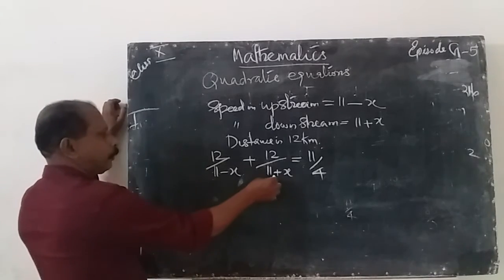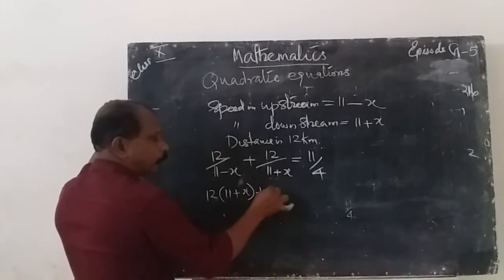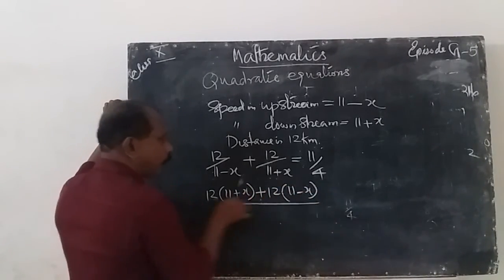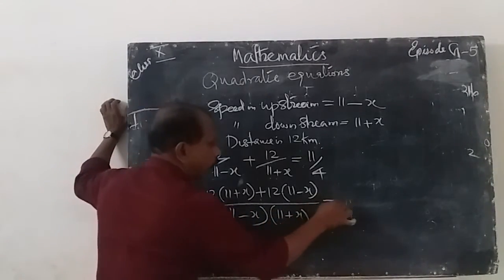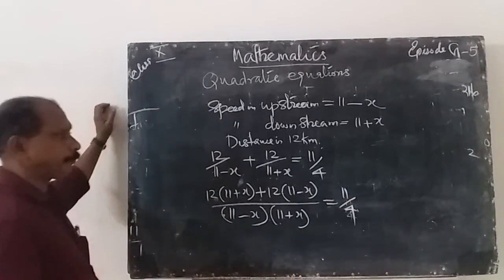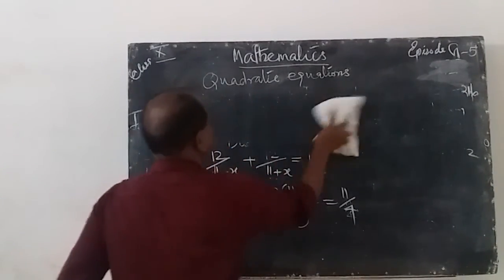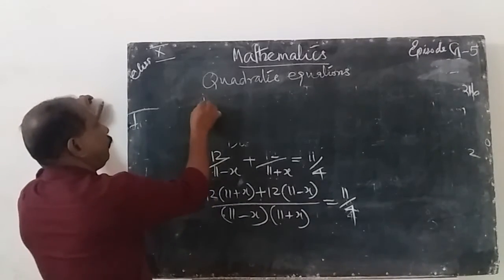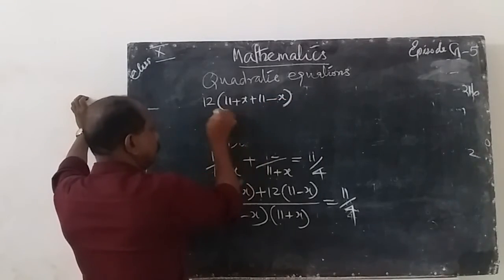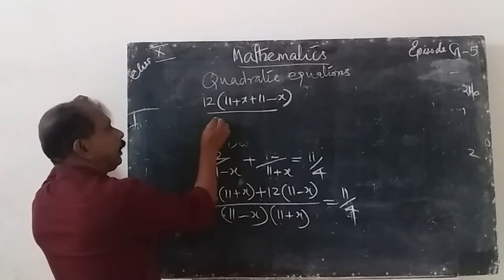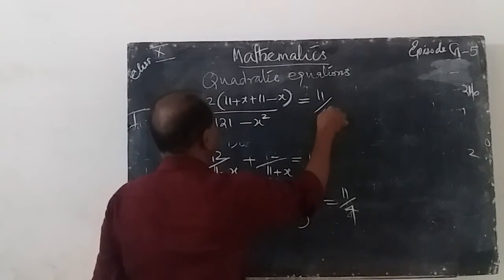Then let us see cross multiplication. 12 into 11 plus x plus 12 into 11 minus x, 4 divided by 11 minus x into 11 plus x is equal to 11 by 4. Then take the 12 as common, that is 12 into 11 plus x plus 11 minus x divided by, a minus b, a plus b is a square minus b square, is equal to 11 by 4.